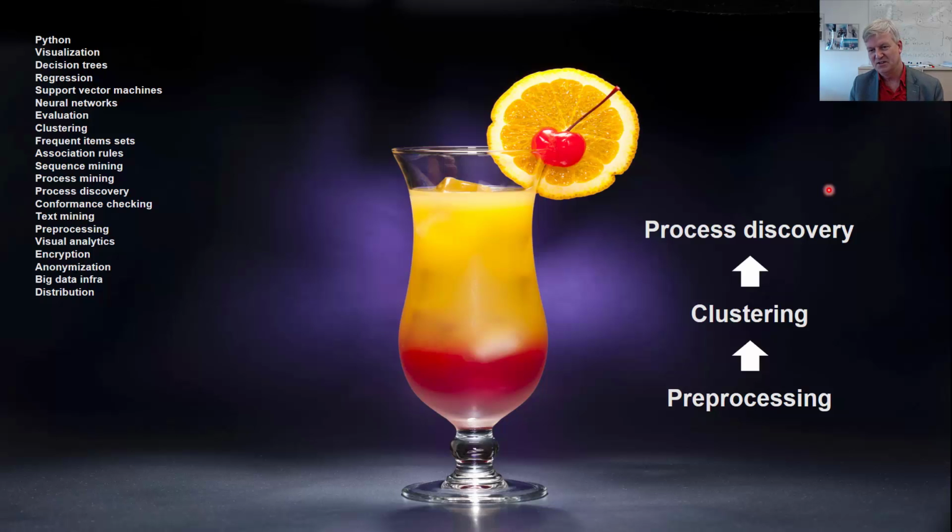So what you can then do is apply clustering first to your event data, and then you partition the set of cases into different groups. Then you do process discovery, and you can find very simple process models for each of these groups.